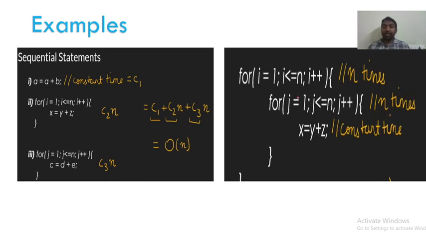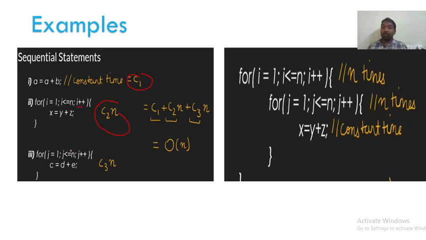Let us see some instructions given here. A equal to a plus b is one instruction, taken as one constant c1. This for loop has an increment, so it comes under a linear loop, represented as constant c2 with n times.